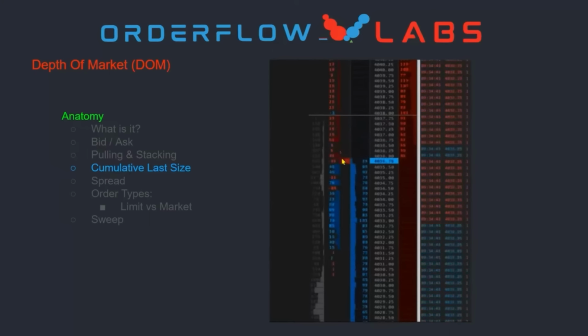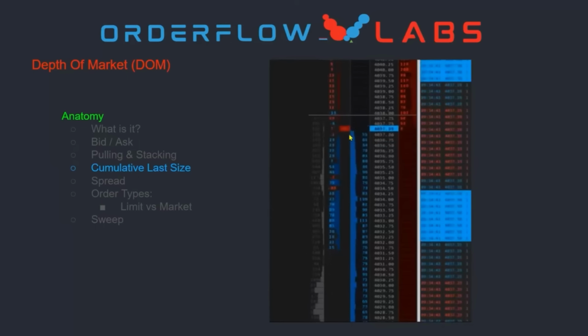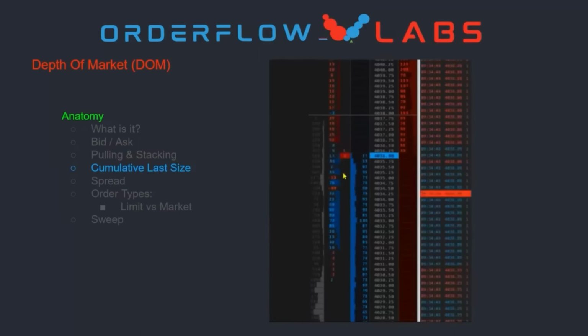And so in this cumulative last size, along with the fluctuations in size of the pull stack, what you will see is whether or not they begin to take the market bid, then you want to see this continuing in that fashion, pushing up, taking bid, pushing up, taking bid. And as this pushes down and shows offer, not only is it not making progress, but it's equally matched with volume against and initiation with.